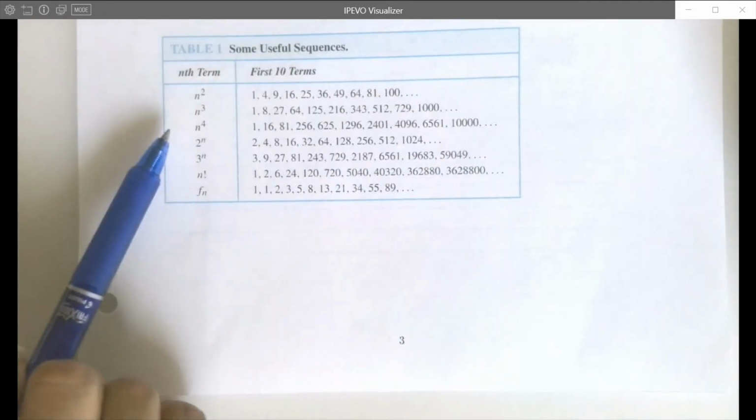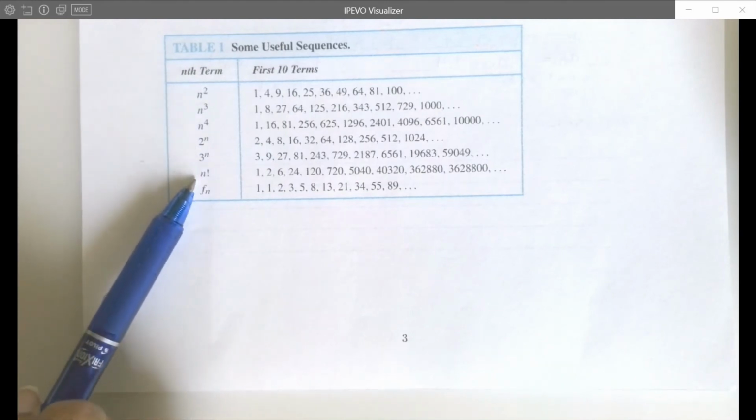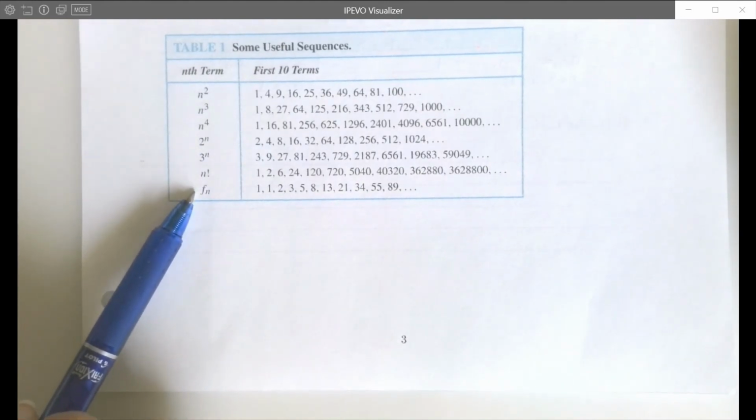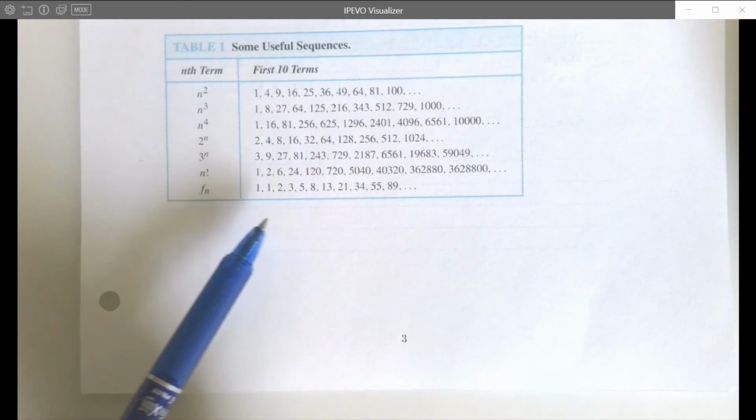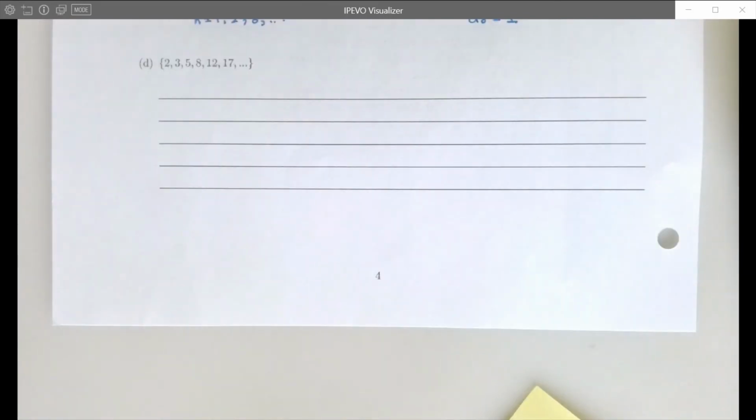Okay, in fact, does it look like it falls under any of these? Well, not exactly. I mean, in part D, we have 2, 3, 5, 8, 12, 17. If you look, there really is no difference of a factor between any two subsequent terms.